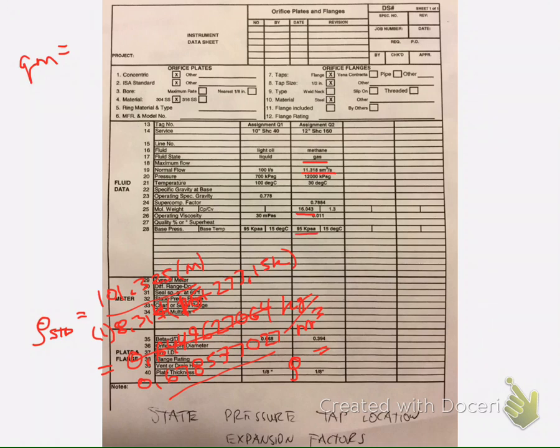Okay, and now our density over here, we need to take our absolute pressure, which is, we've got 95 kPa, and the flowing pressure, which is 12,000.